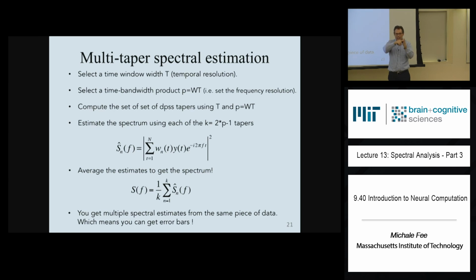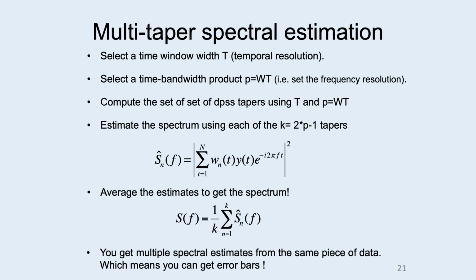It will send you back a bunch of these DPSS functions that fit in that window. Then you're going to take your piece of data, you're going to break it into little windows of that length, multiply them by each one of the Slepian functions, do the Fourier transform of each one of those products, average them all together.